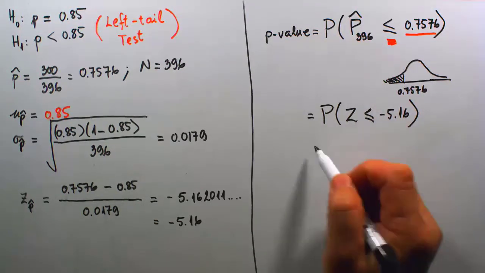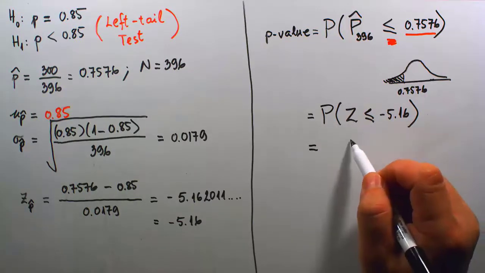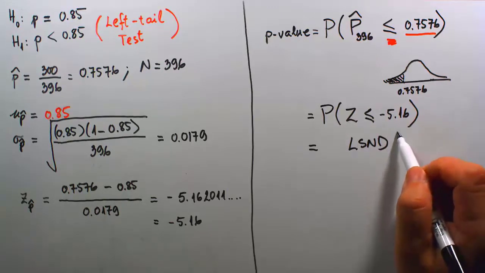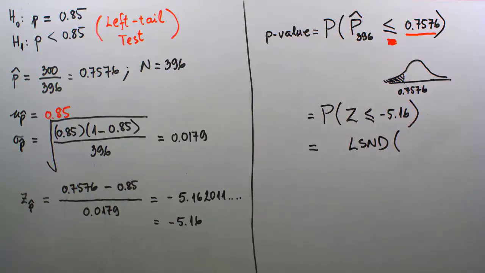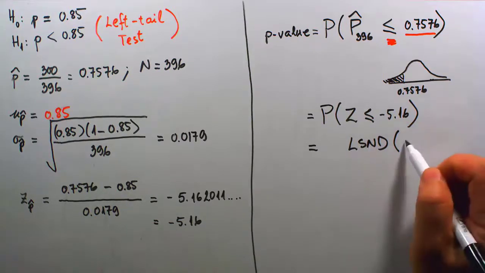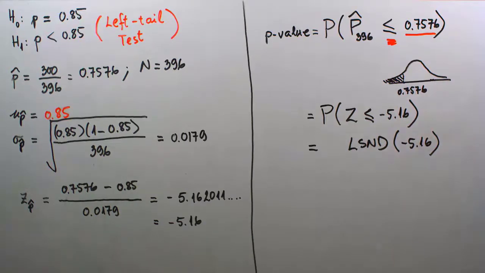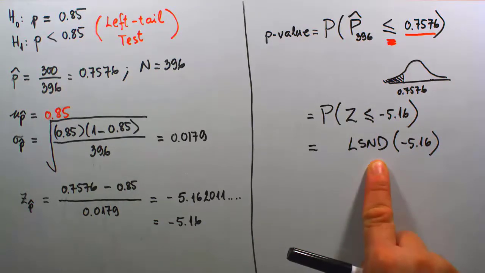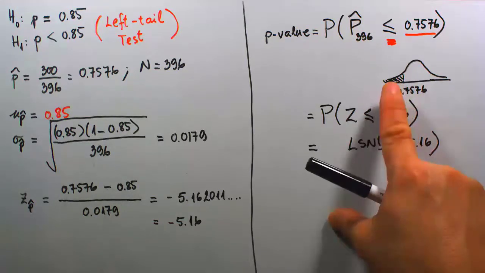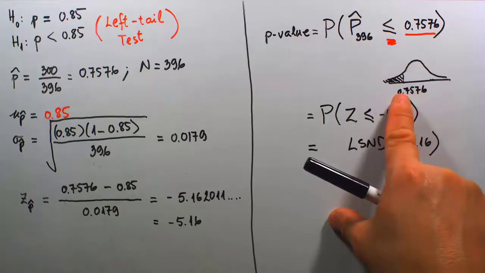And now finding that area is just a matter of simply running our LS&D program that I have been using throughout the entire quarter up to this point. And when LS&D is asking for a z-score, we are going to provide negative 5.16, and we don't need to subtract this answer from 1 simply because the area that we're finding is already to the left side of our designated sample value.